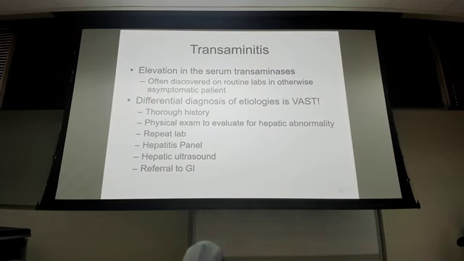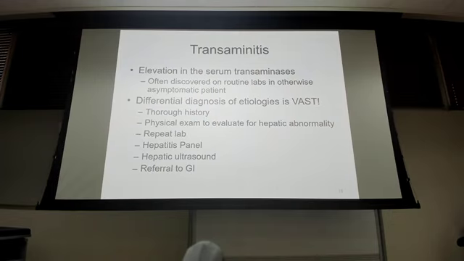Basically, AST and ALT are elevated. So if you see that term, patient presents with XYZ, labs reveal transaminitis, that means ALT and AST are elevated. And then if you have a normal alk phos, now we're looking at hepatocellular damage, so something liver cell specific.